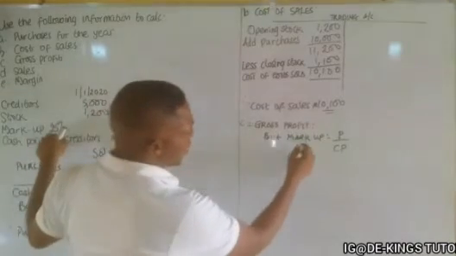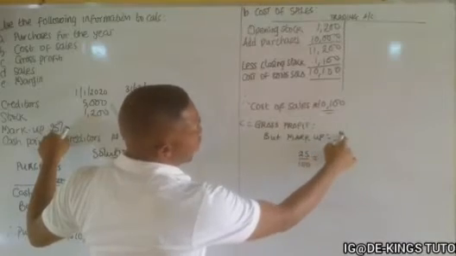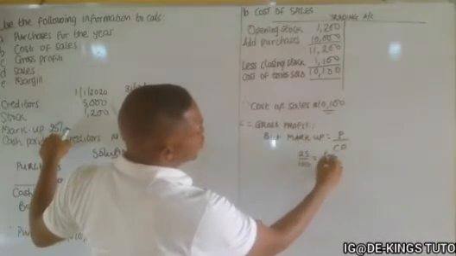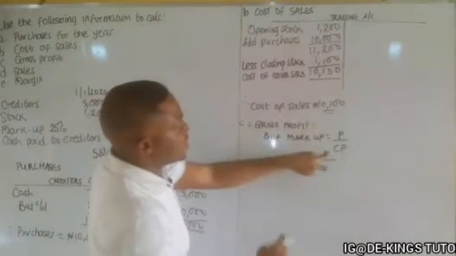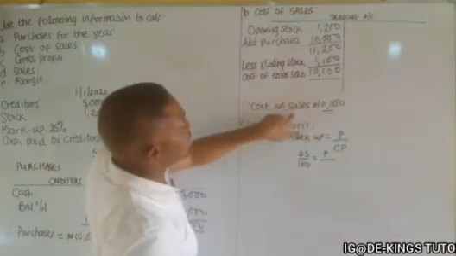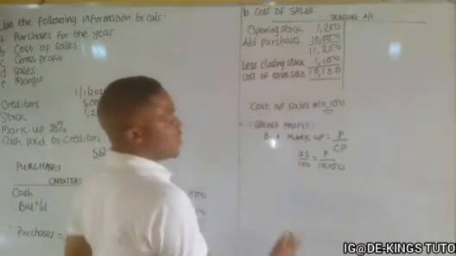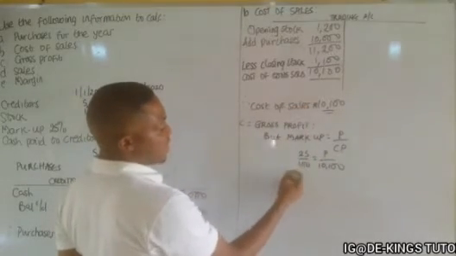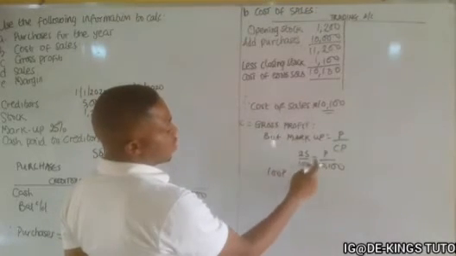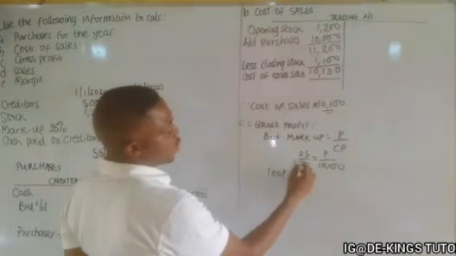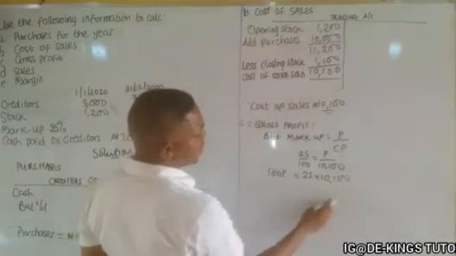Okay? So we have 25 over 100 equals our profit, which is unknown, that is P, which stands for gross profit. Then the cost price is the cost of goods sold, that is 10,100. And to get this, now cross multiply. This gives us 100P equals 25 times 10,100.